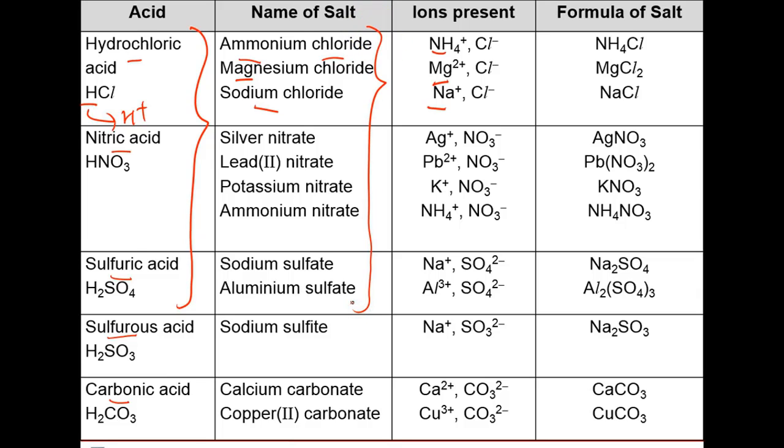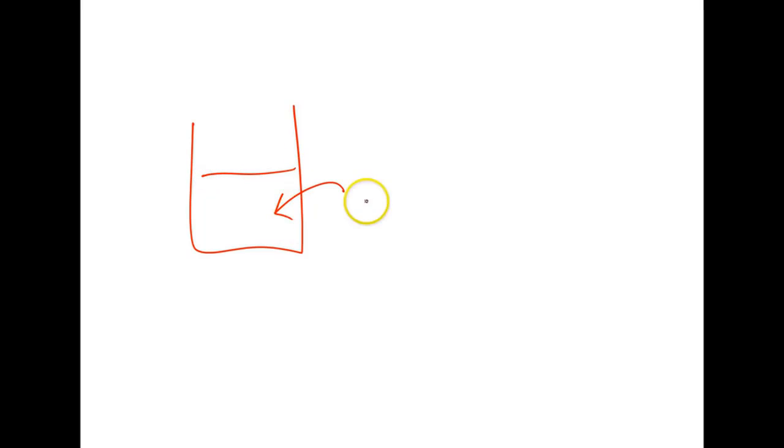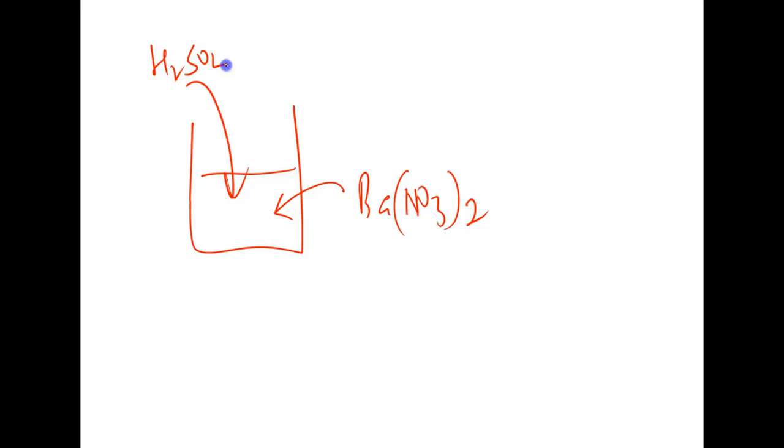And the next question you'll be thinking is, how in the world are you going to separate these salts out from the reaction mixture? Say inside here you have barium nitrate, and you add in the acid H2SO4, sulfuric acid, because you want to produce the salt barium sulfate.